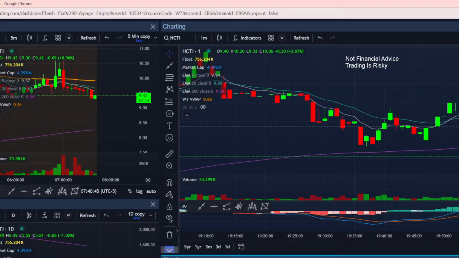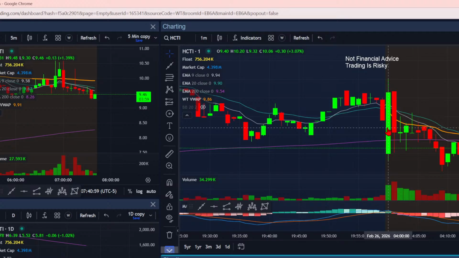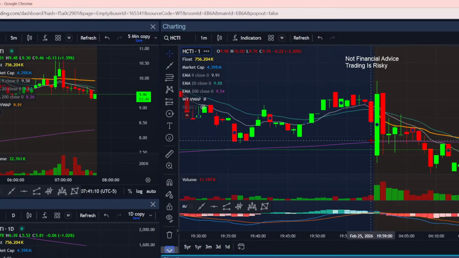Numbers. Where? Oh, that's because I didn't show the candle. But it's right here. It's in the top left, the green numbers. Did you freeze? Move your cursor. I'm literally on a green candlestick. This big one right here.